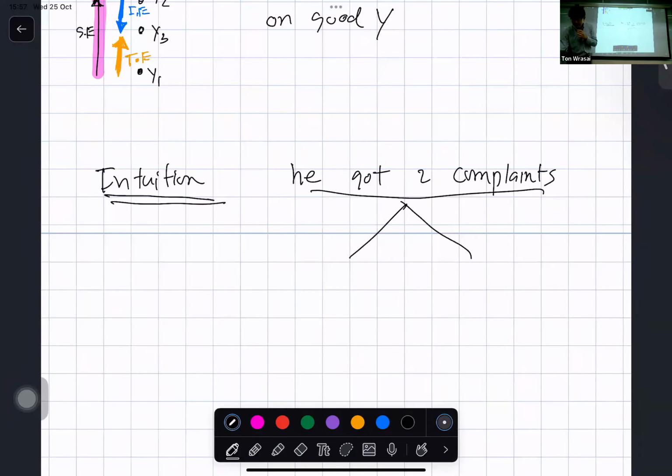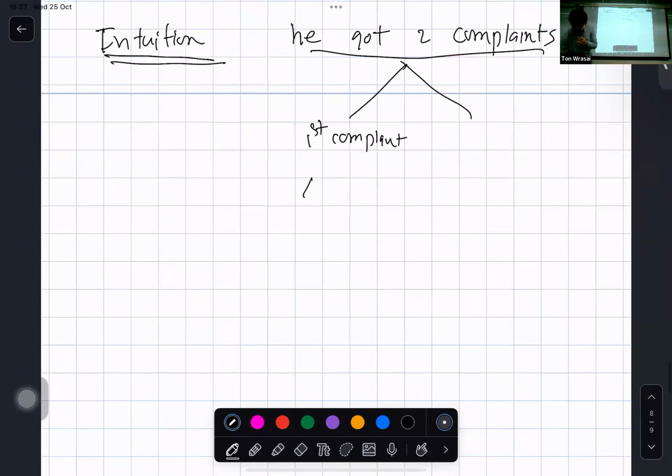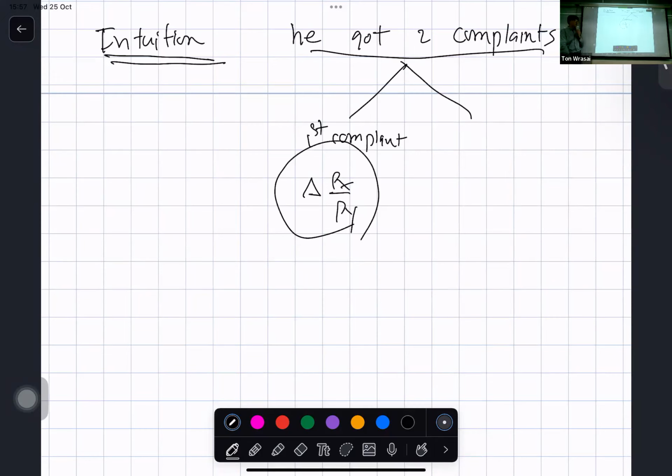First complaint is about, he said, he complained about the change in relative price that forced him to do something. Second complaint, my real income fell.